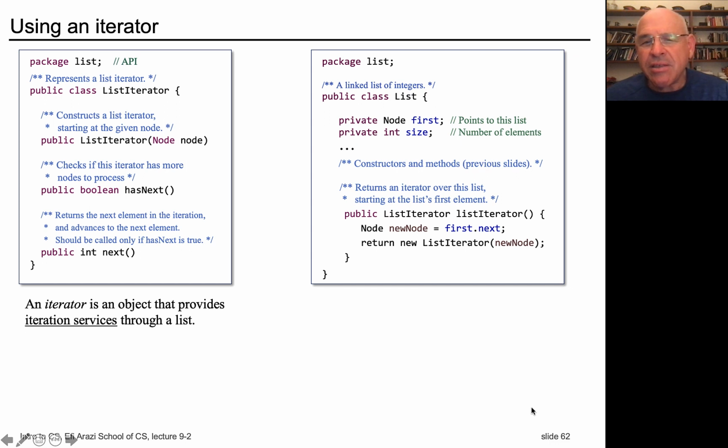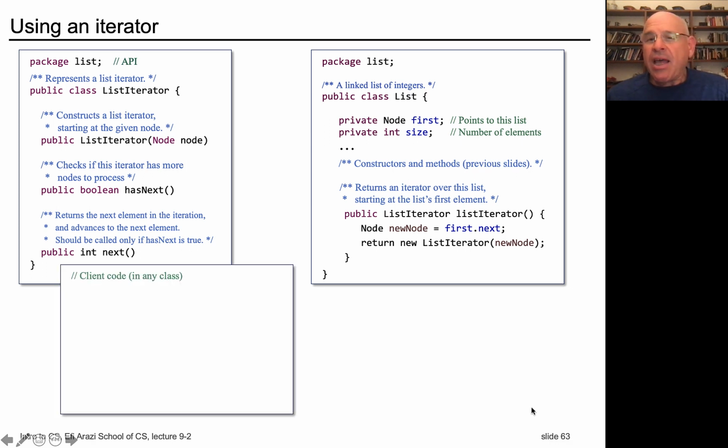It creates a new node which skips the dummy, and this new node contains the address of the real first element in the list. And then it calls the constructor of the list iterator positioned on this new node. So the list iterator will start in the first real element of the list itself. Now let's see how we use it.